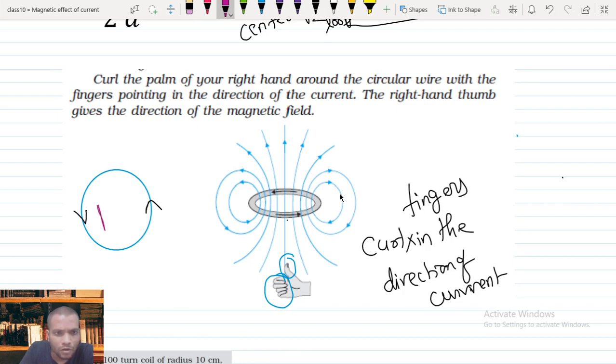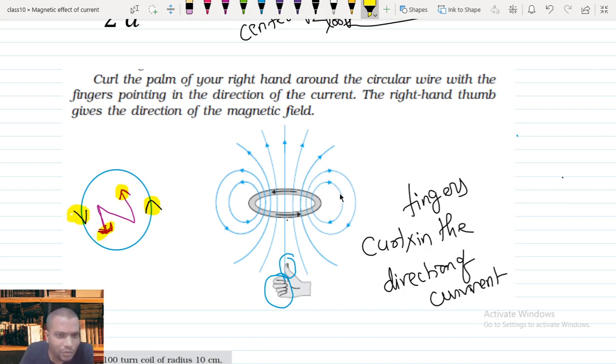If I draw the N here, the top carries the same direction as the current, and the bottom also indicates the same direction as the current. So these two are similar.